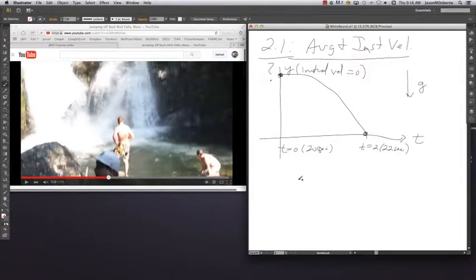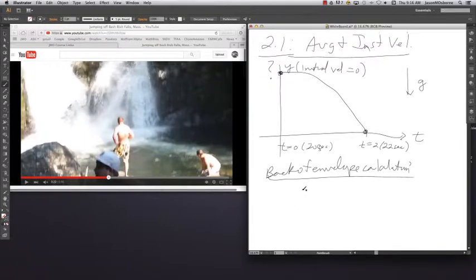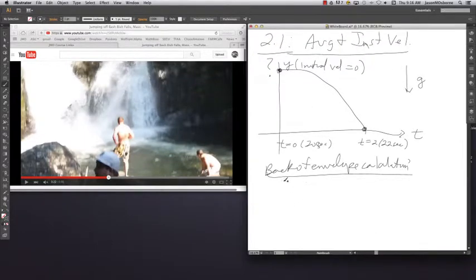So an interesting back of envelope calculation, which just means a calculation that you can do without a calculator, just with pencil and paper, to impress your friends or whatever you want to do with it.